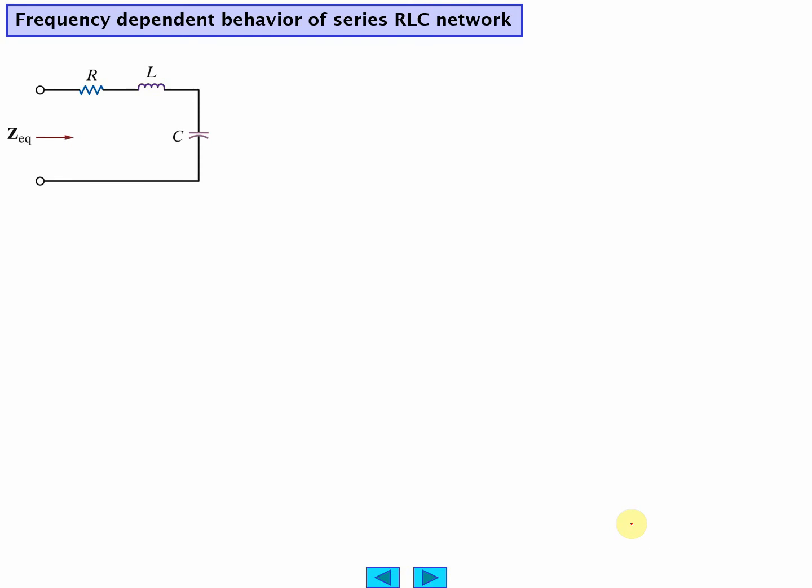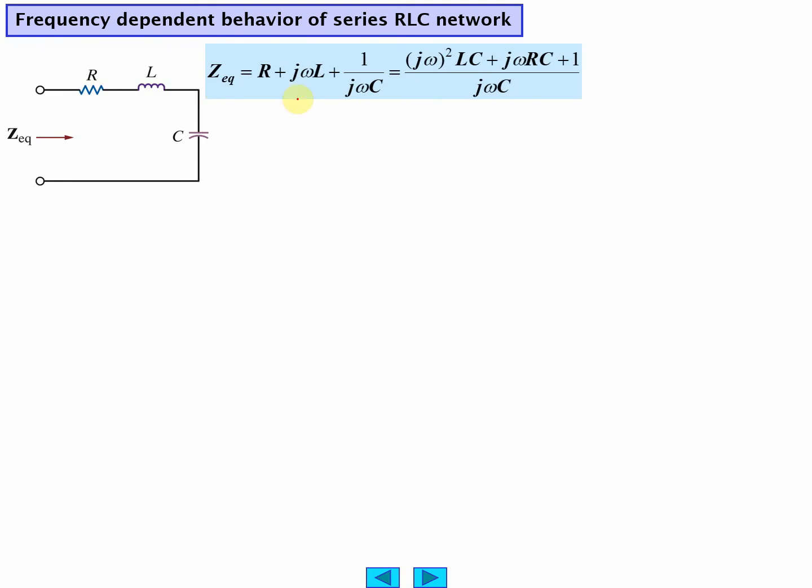Okay, now we start making circuits of this nature, for example. And we can write the impedance like so and get j omega C as a common denominator and get rid of the imaginary numbers in the denominator.